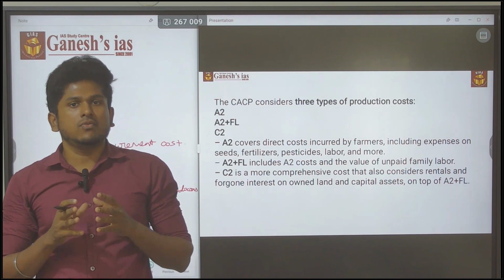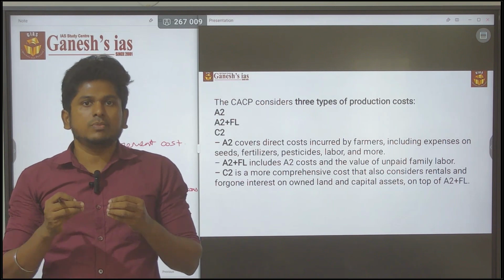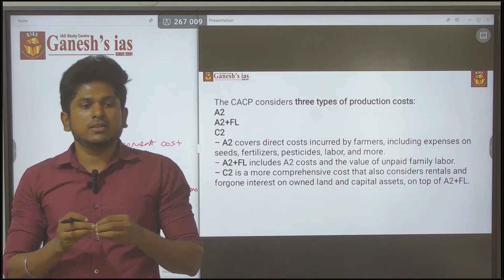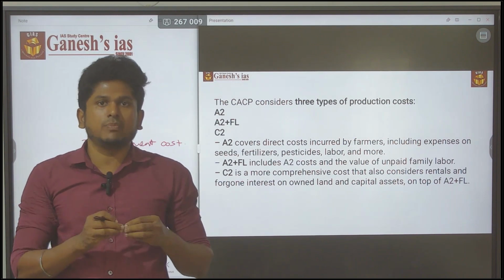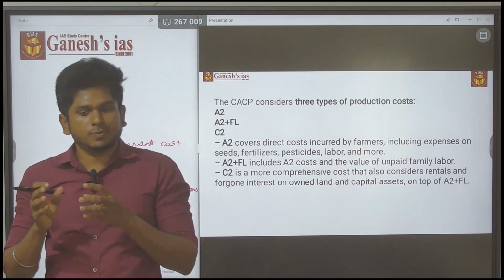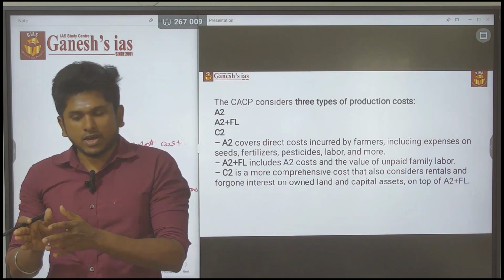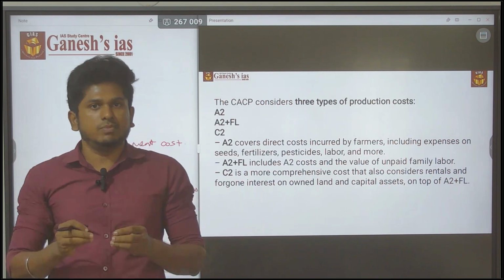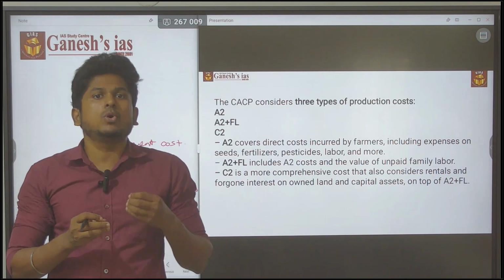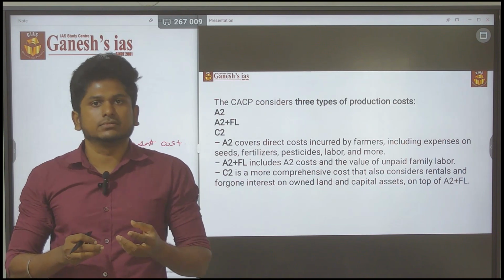In such a scenario, the person will think: spending all my money on this field, may I just go for other activities? I may go for business activities. Likewise, if farmers move away from agriculture activities, India will become a food grains import dependent country.